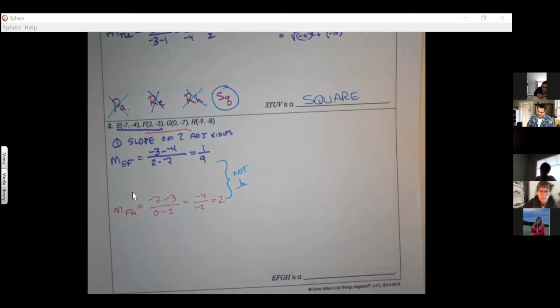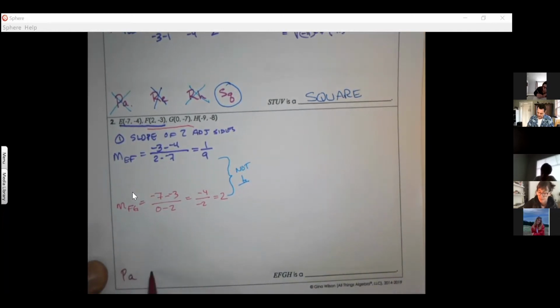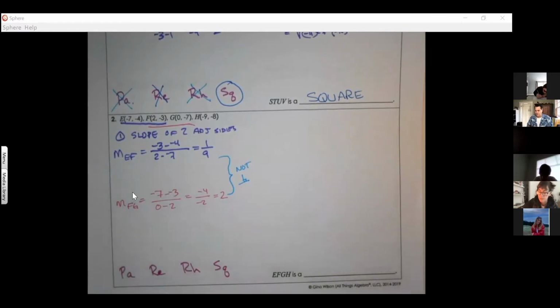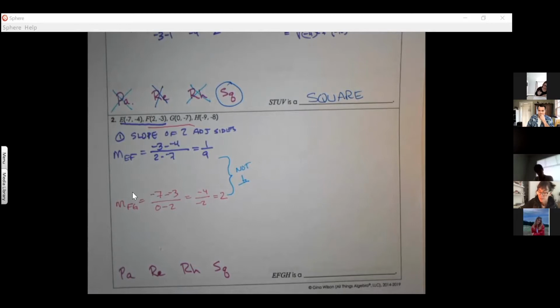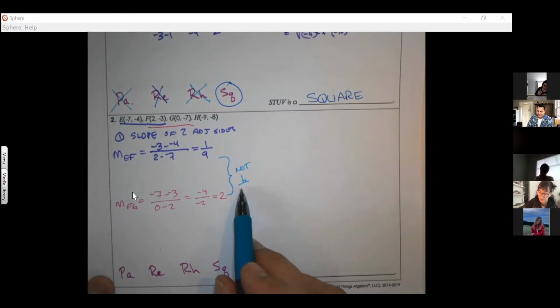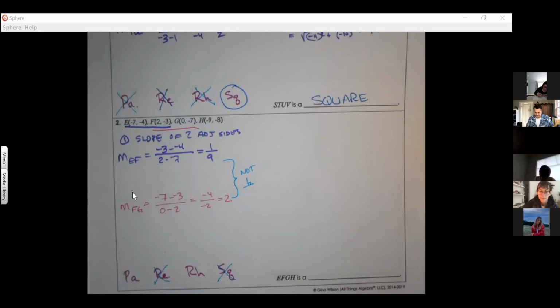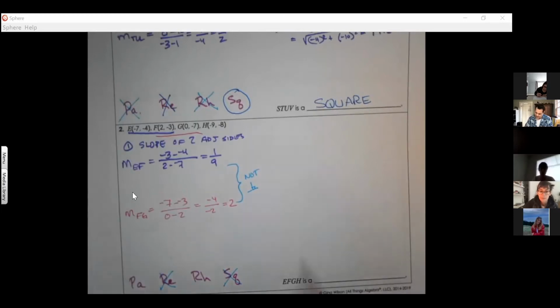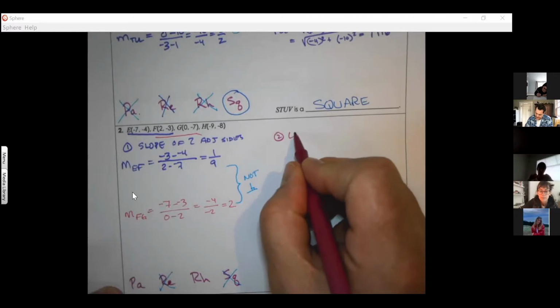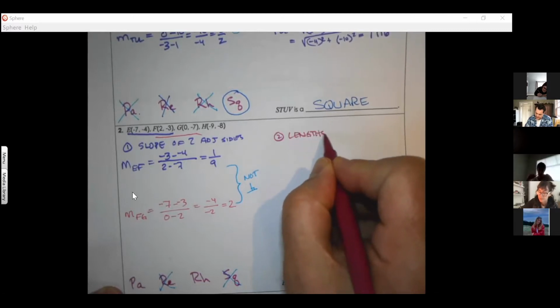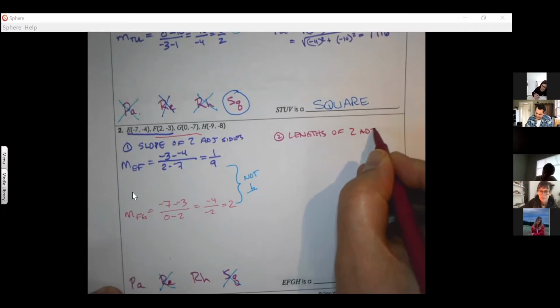So if I write all my choices down here, parallelogram, rectangle, rhombus, and square, which ones can I cross out now? If the two adjacent sides are not perpendicular, it's not a square, it's not a rectangle. So now I'm going to find the lengths of two adjacent sides.